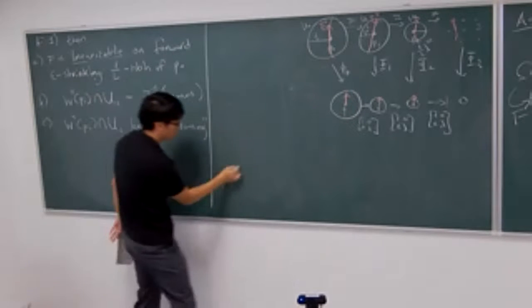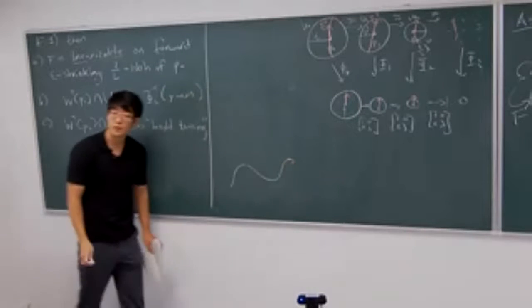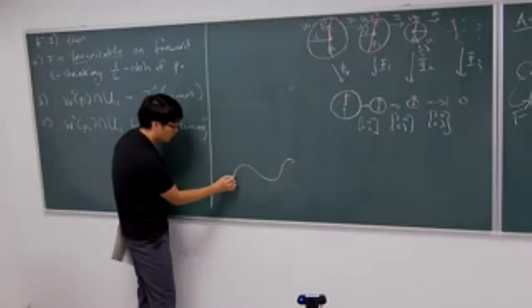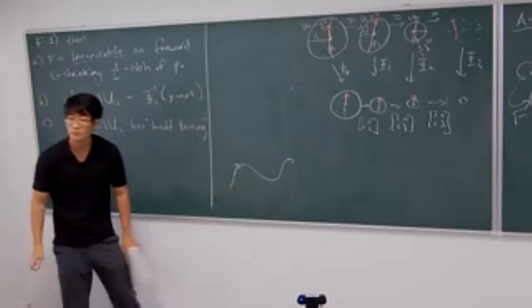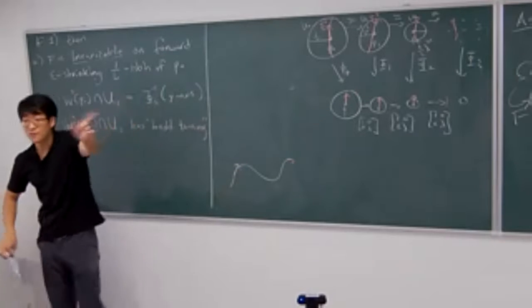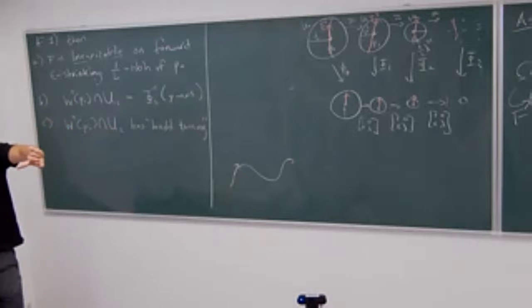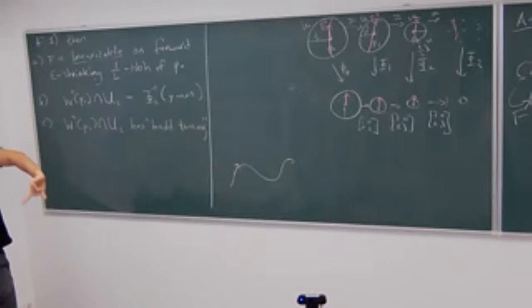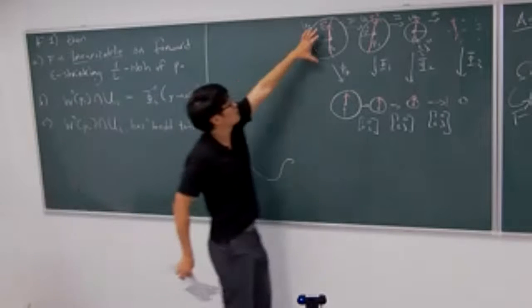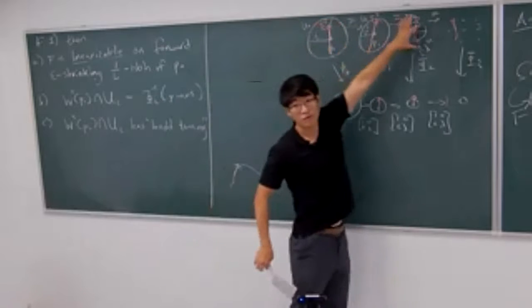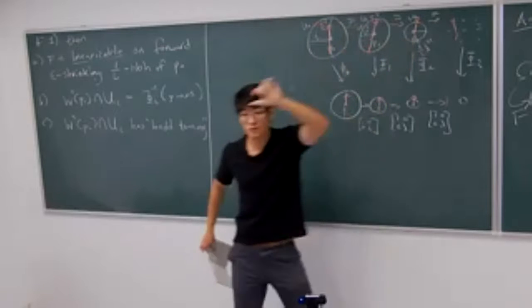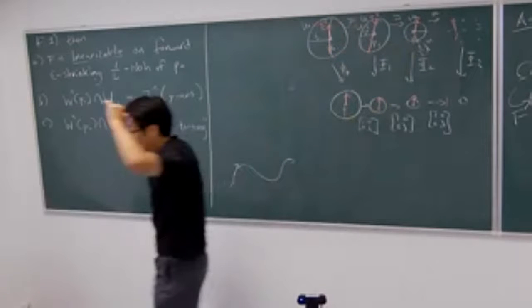Well, if you have a curve in R2, you would say that it has bounded turning if you look at the unit tangent vector and the rate at which it turns, and that should be uniformly bounded as long as you restrict yourself to this segment.